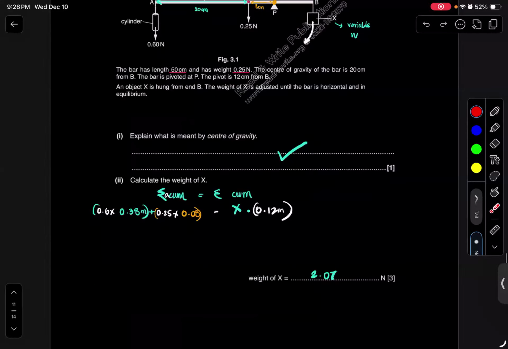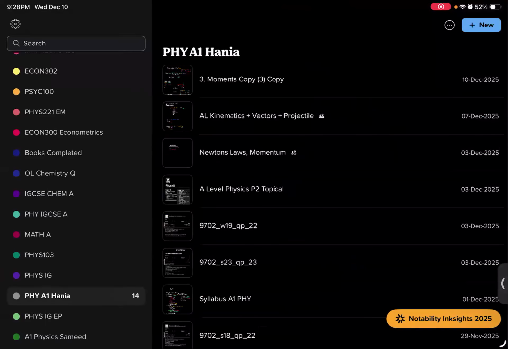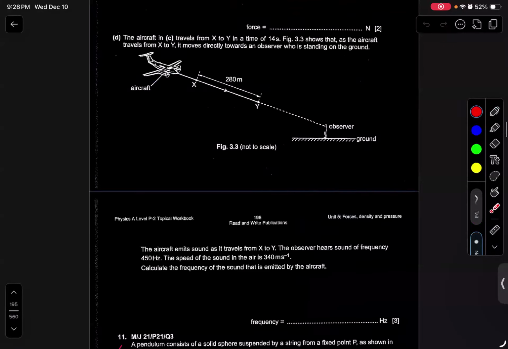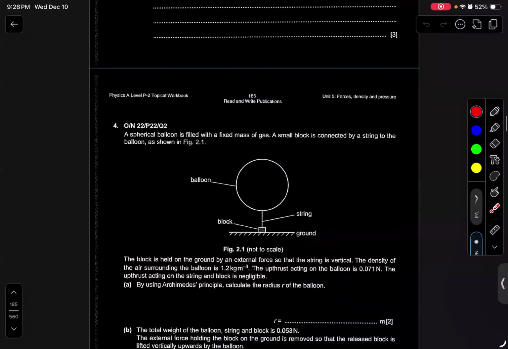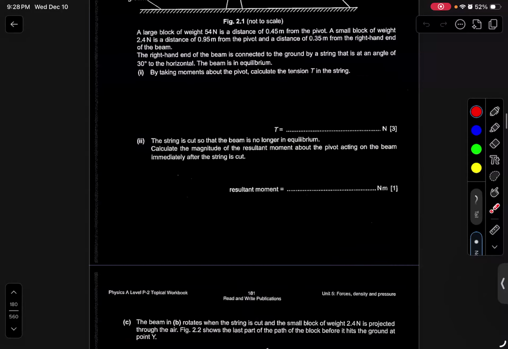These were the easy ones. Now we're going to jump to the slightly difficult ones. A lot of the questions are combined with other chapters, so we're just going to do the moment part for now.